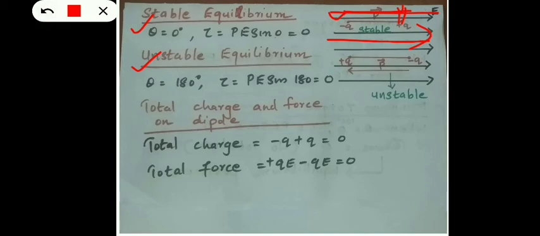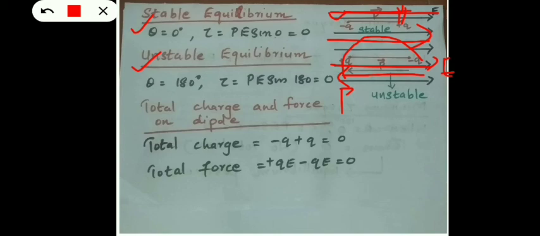Now consider the next case, that is unstable equilibrium. What is this unstable equilibrium? When theta equal to 180 degree. Theta equal to 180 degree means what? Dipole is arranged like this. Dipole moment will be like this and electric field will be like this. This is electric field, this is dipole moment. So this is the arrangement for unstable equilibrium. In such a situation, the dipole tends to move from this alignment and tends to be parallel to the electric field.